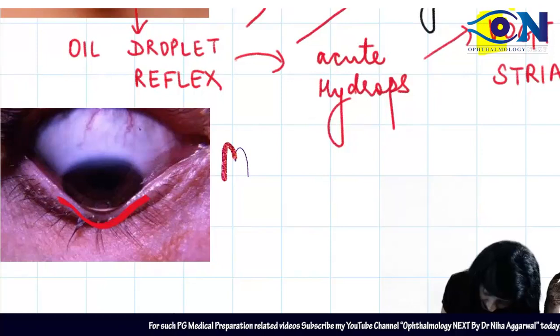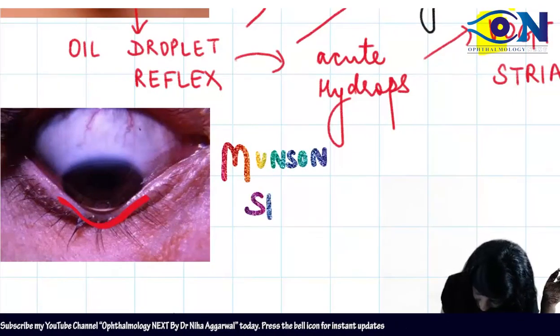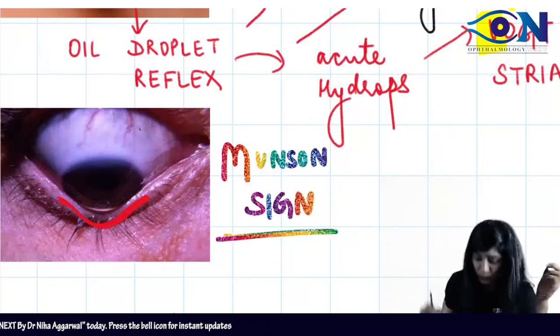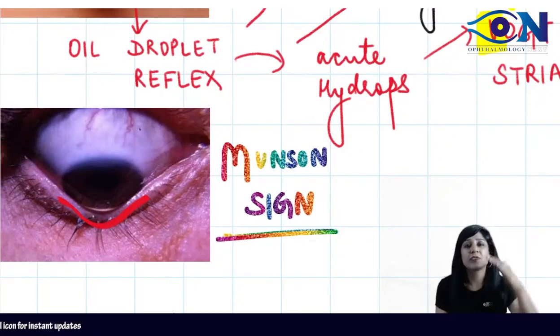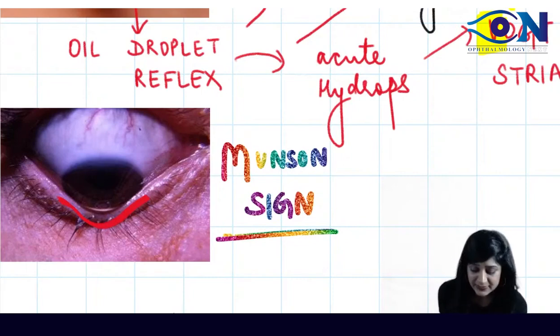This sign is called Munson sign. Munson sign is seen in keratoconus. When the patient looks in the downward gaze, there is a localized bulging of the lower eyelid.